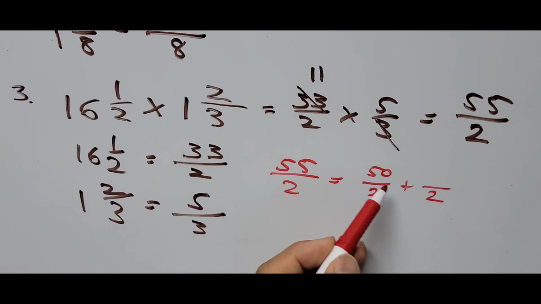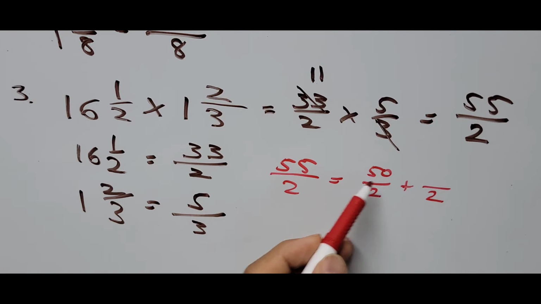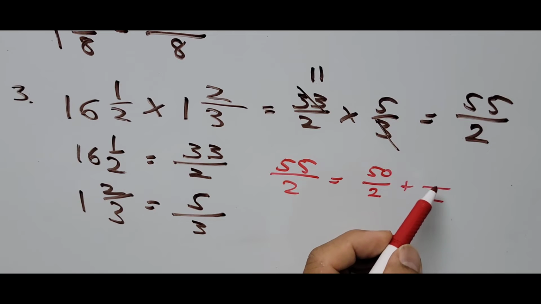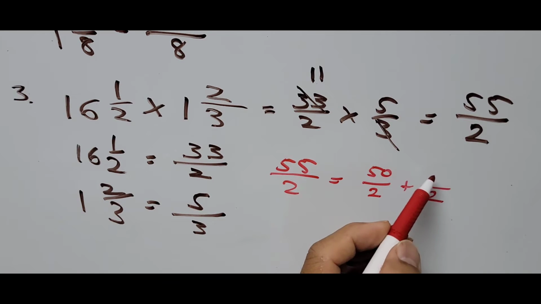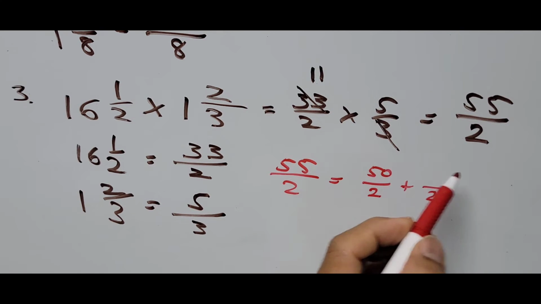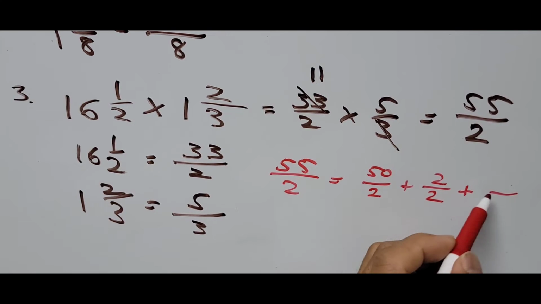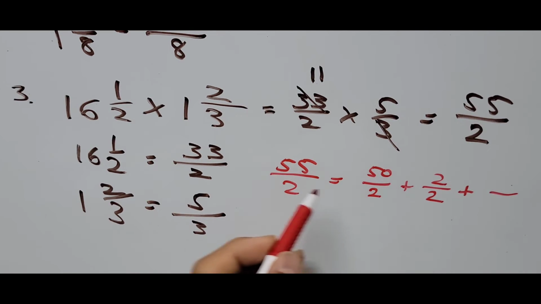The remainder of 50 out of 55 is 5. So out of that 5, how many 2's can you get? You get two 2's, right? And now the remaining, since you get this, this is 4, so 2 and 2 is 4.